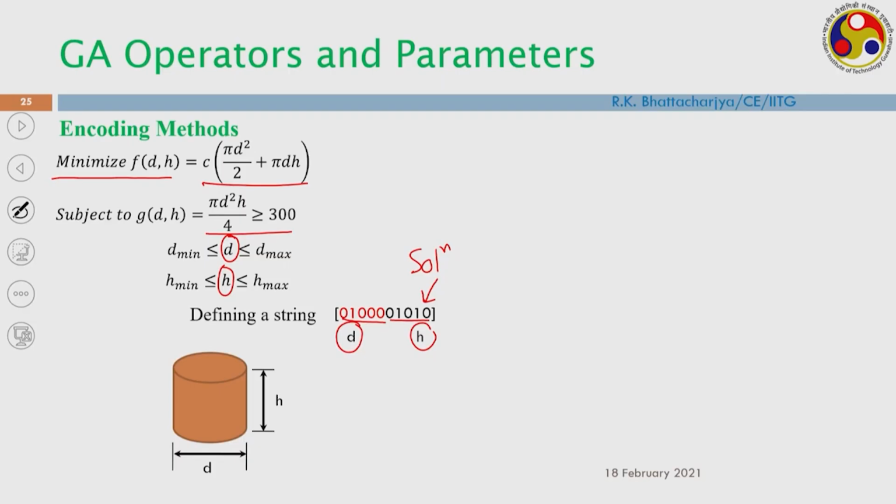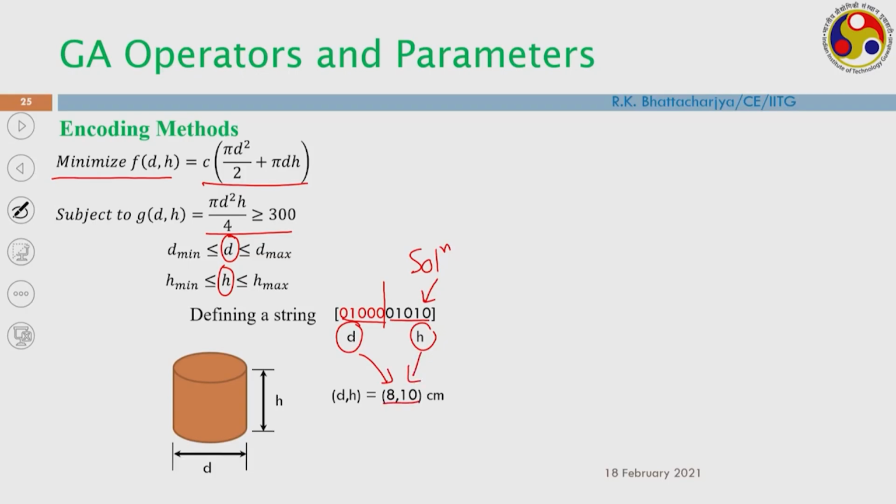When we decode it, I will consider the first 5 bits for D and the second 5 bits for H. So for 0 1 0 0 0 you are getting 8, and for 0 1 0 1 0 you are getting 10. So the decoded value is 10.